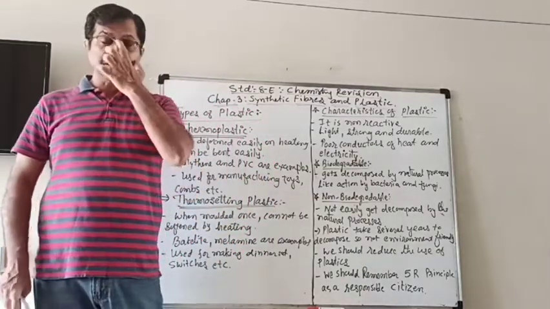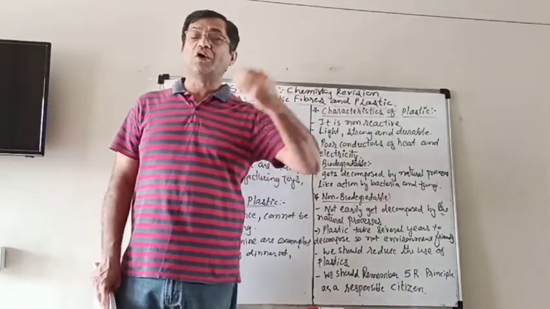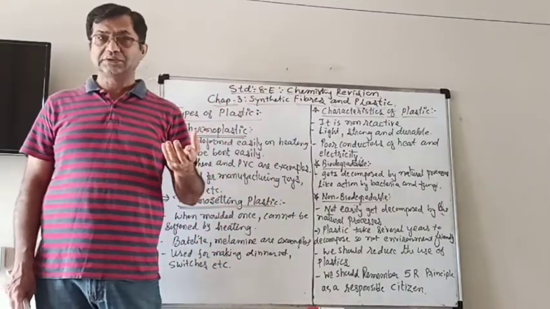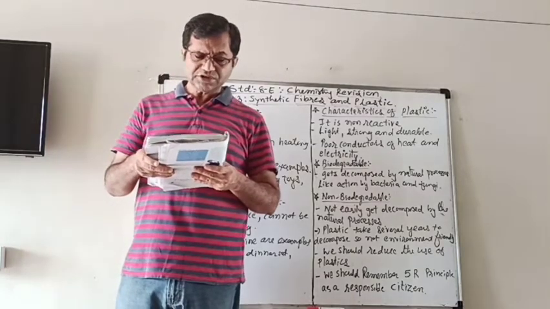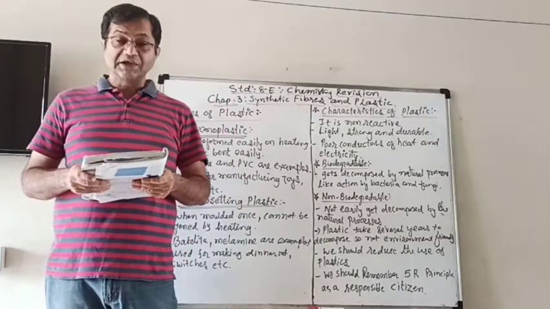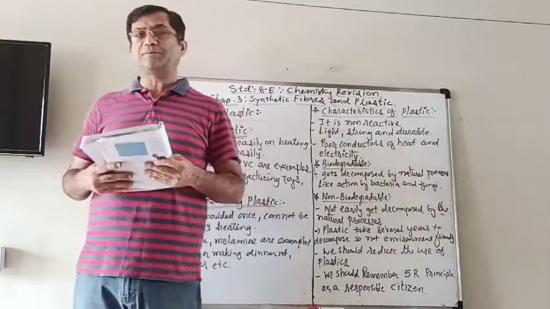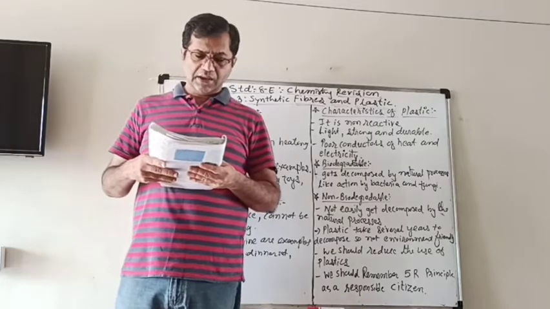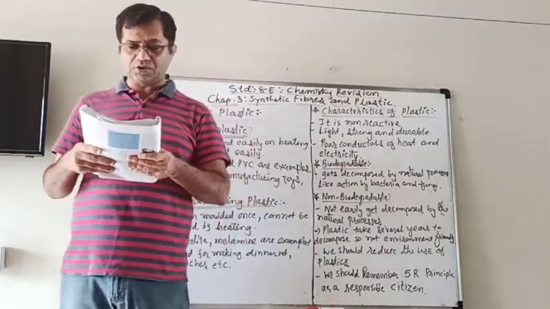If it is too hot, it still does not melt. It can resist the heat, and therefore it is used for making floor tiles, kitchenware like dinner sets, plates, bowls, etc., and some fabrics which resist fire also.